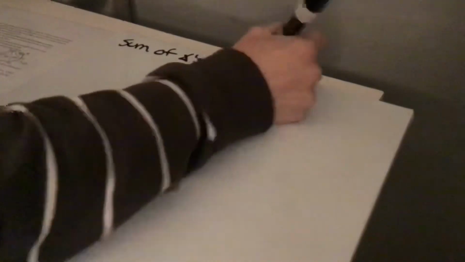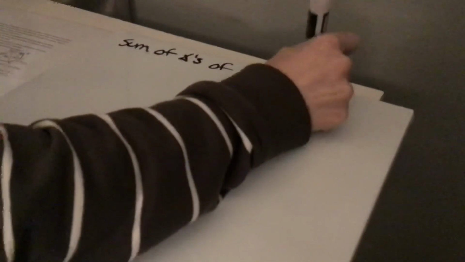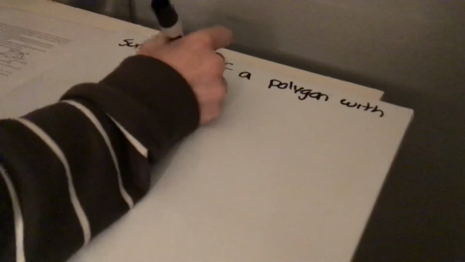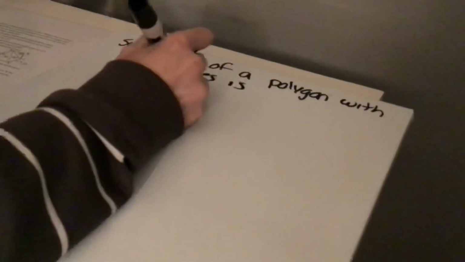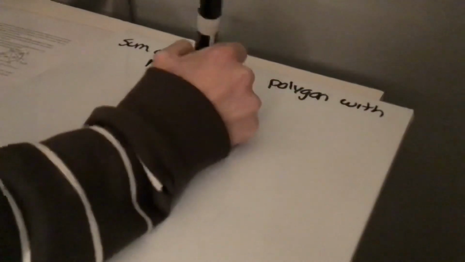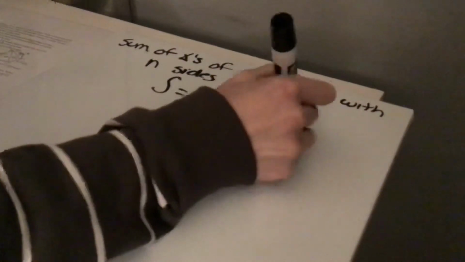So if we want to be able to find the sum of the angles of any polygon, we can say that the sum of angles of a polygon with n sides, where n is we don't know, it's just generalizing it, is given by the sum of the angles is equal to the number of sides minus 2 times 180, because that's how many triangles are going to be formed.